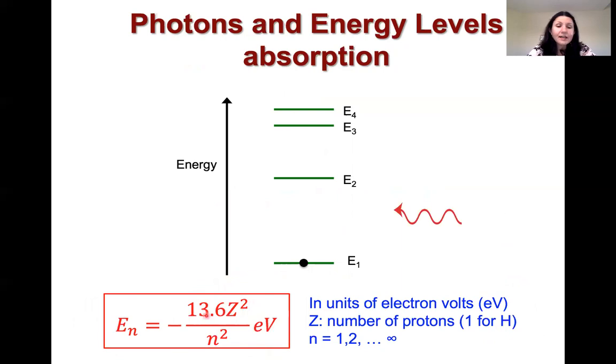Now you see, unlike for a 1D box where the energy levels were proportional to n squared, in this case they're inversely proportional to n squared. And also there's a negative sign, so the n equals 1 energy level is the most negative. Remember, we have some freedom in deciding where our energy level is 0.